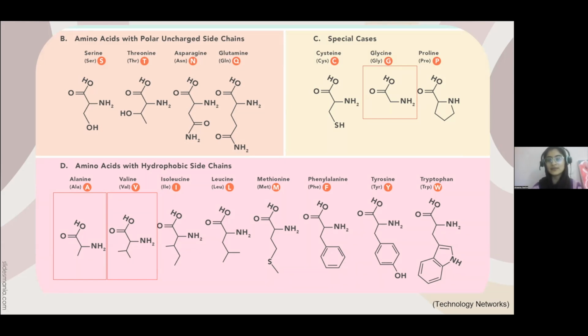And in every single method, it is considered to be the most simple amino acid. Other amino acids that are consistently rated very, very simple are alanine and valine, highlighted with the red squares over here. Visually, you can see that they have relatively simpler structures compared to the other amino acids that you can see on the screen.